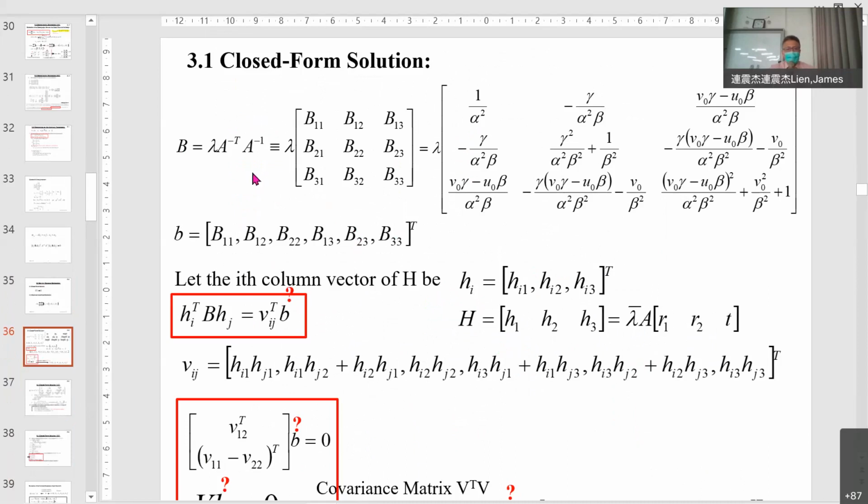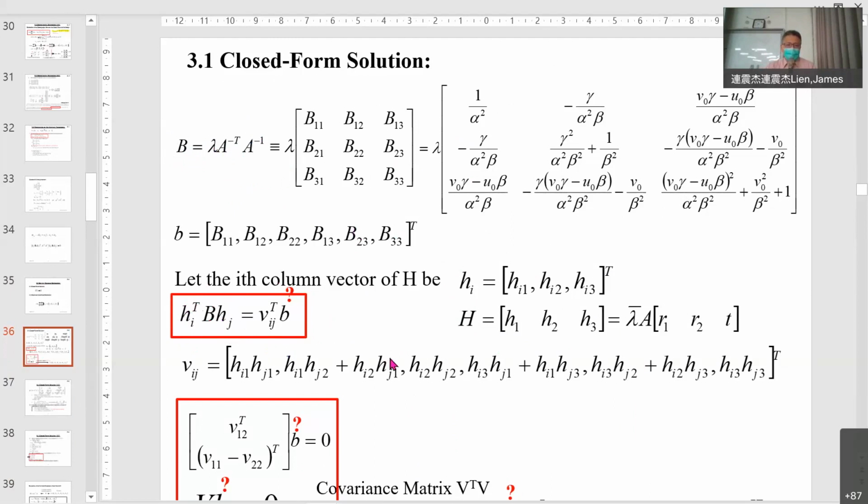So the result becomes this one. This one. What is this one? There's B. I will try to say it here. Sorry. Let's say it, HBH, this term.